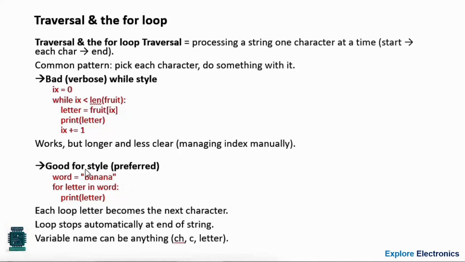When the string is ended, the loop will end automatically. And the variable name can be anything, that is ch, c, letter, anything. I have taken word here. I can take any variable which is very easy and simple to understand.